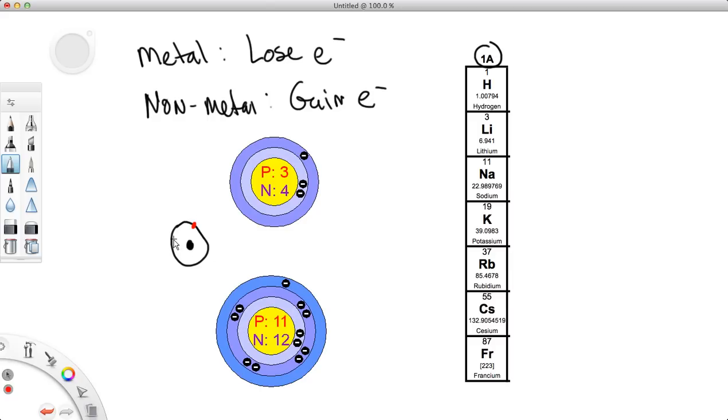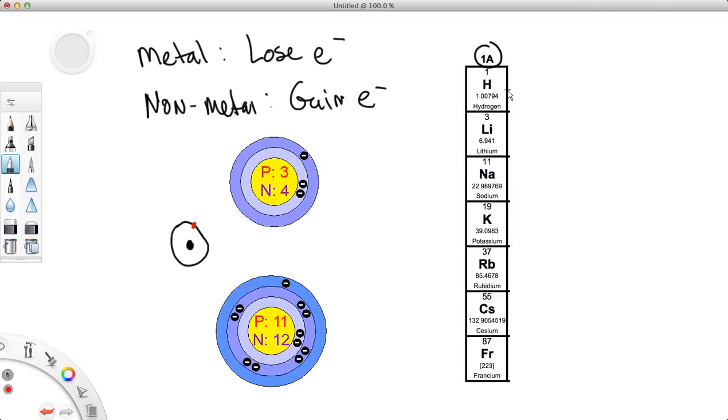Now, hydrogen really doesn't want to lose one. The reason hydrogen is put into that group is because it has 1 valence electron, but hydrogen typically wants to gain 1 to be like helium. When it gains 1, it has 2 outside electrons, just like helium, and that causes it to be stable. But everybody else wants to lose 1.